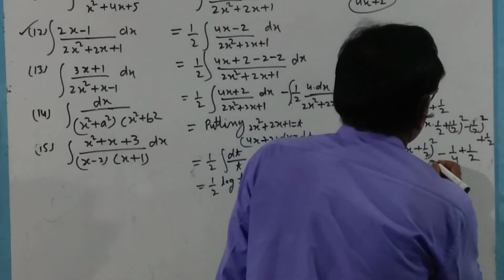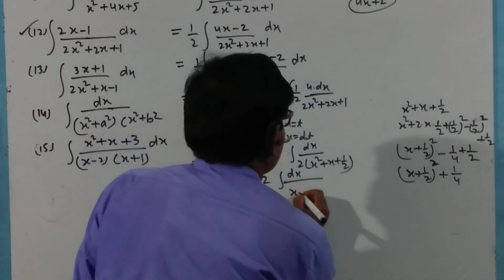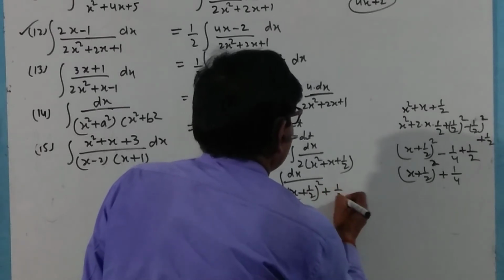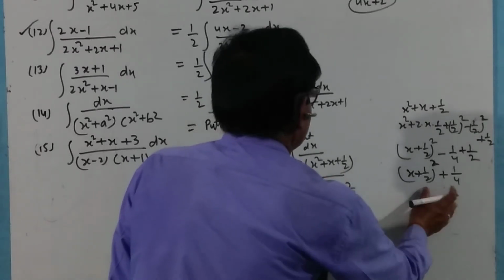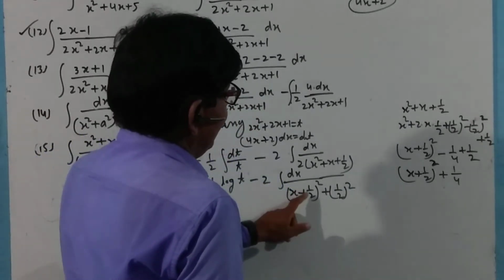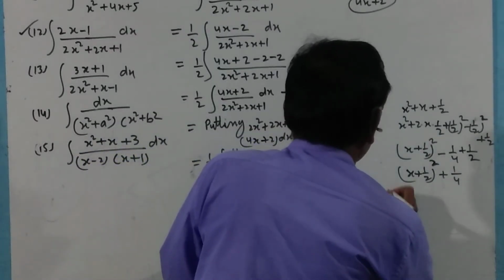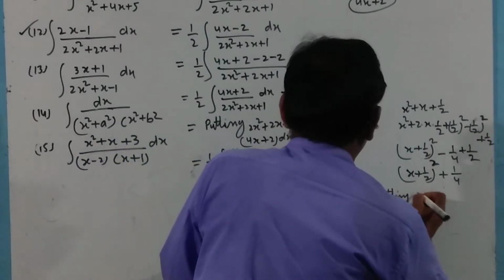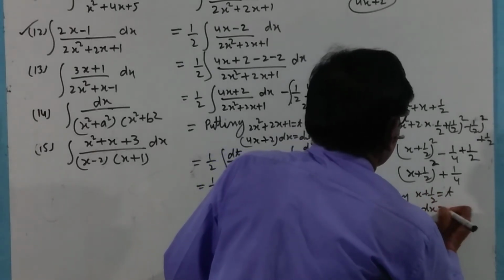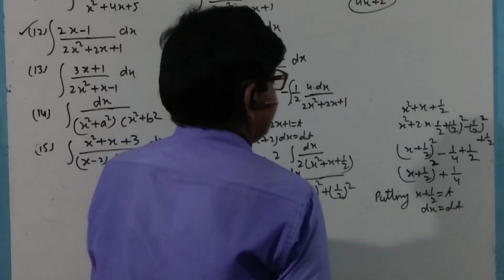Now this is equal to (x + 1/2)² + (1/2)² here. Now putting x + half equal to t, so dx equal to dt.